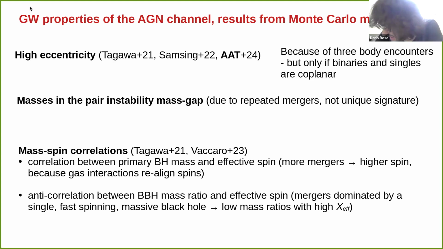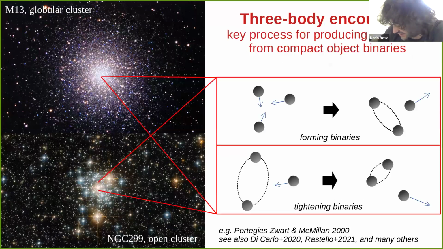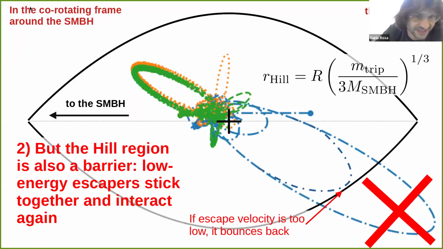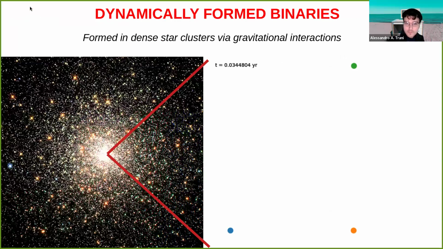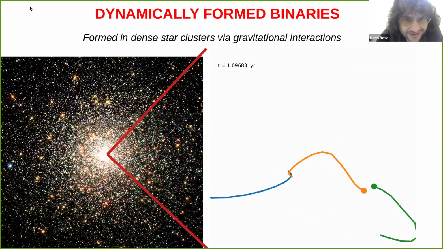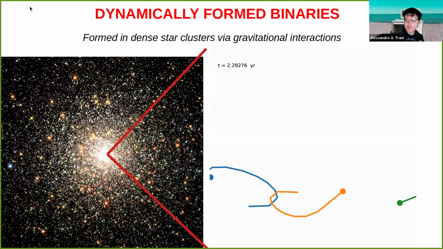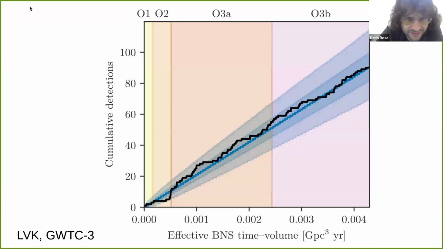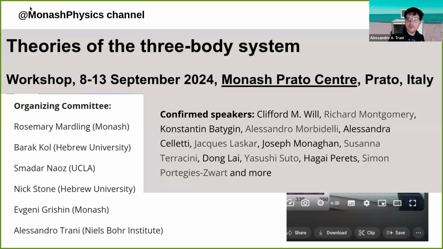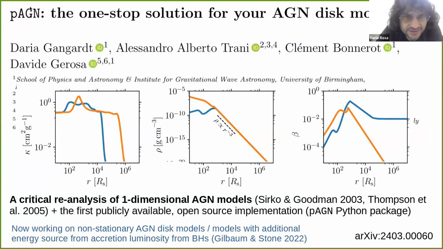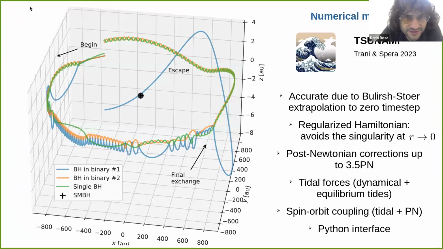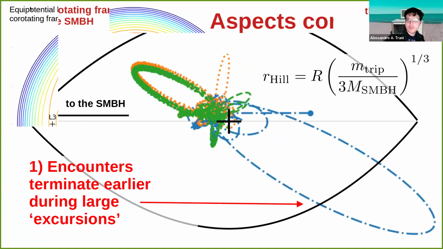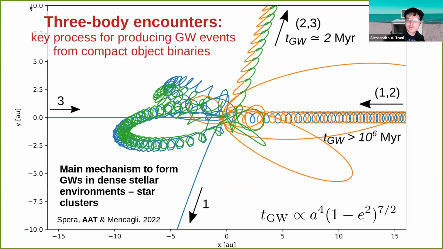Another question: can you go to the slide in which you introduce the three-body encounters? It's curiosity dictated by ignorance. The one with the scheme, with the trajectories. Yes, this one.